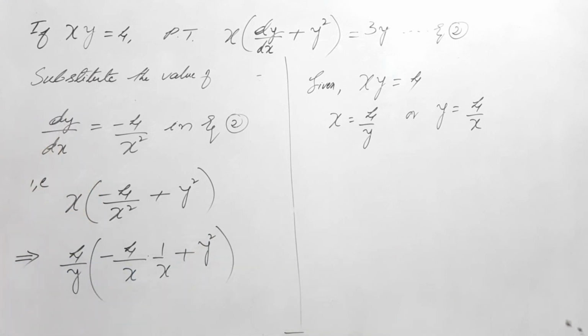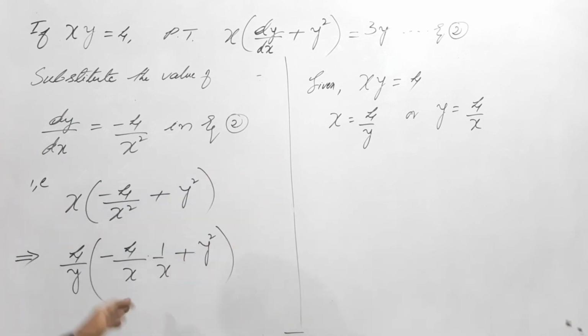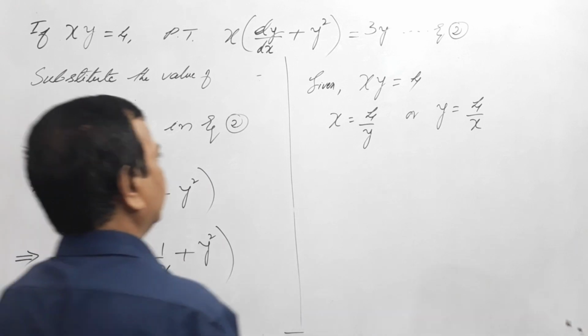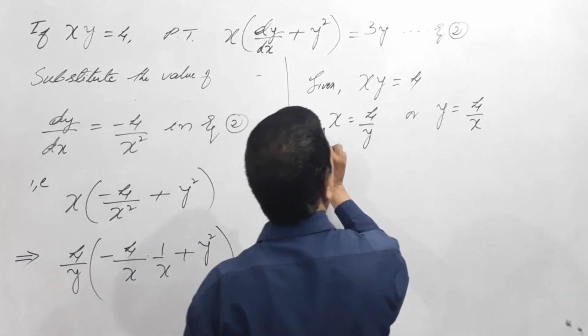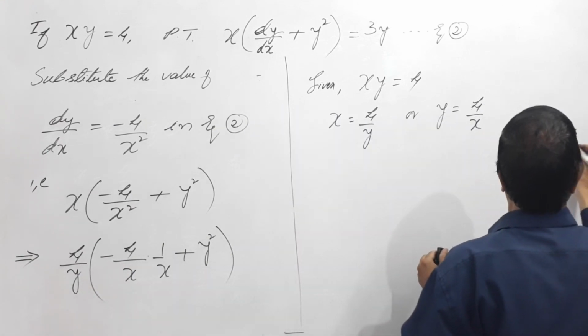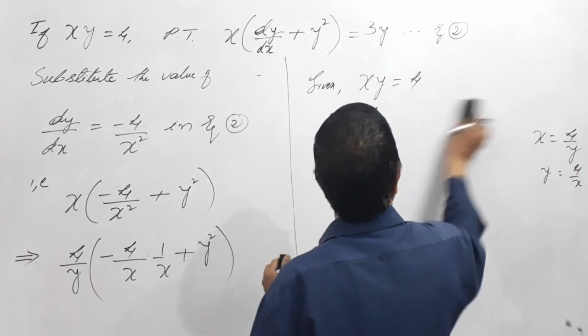Can I write like this? What I have done, I have split this x square, because I have that in terms of x. Right, x equals 4 by y, y equals 4 by x. I will write this.